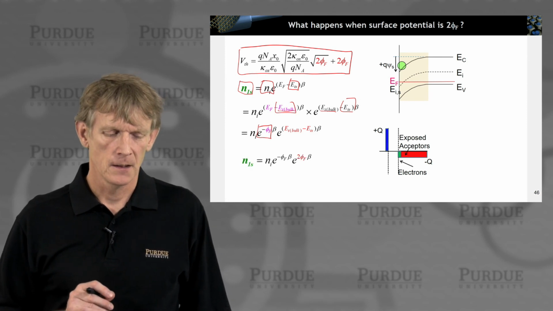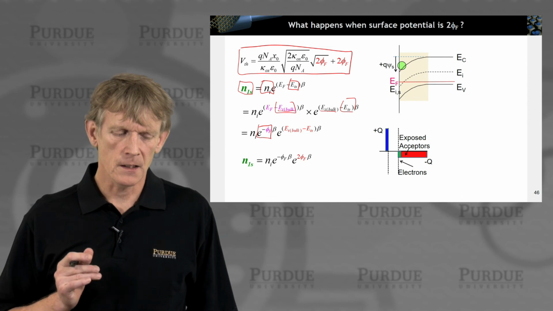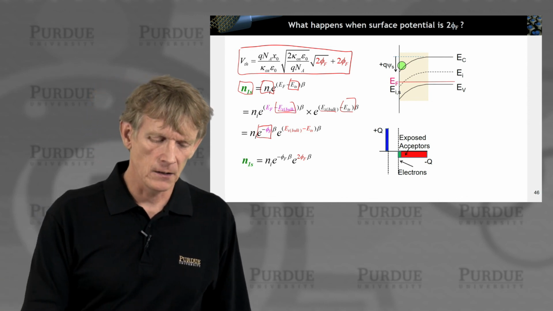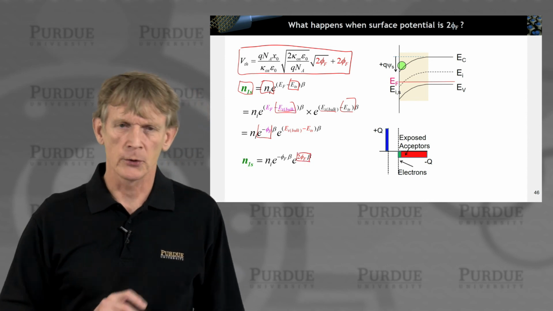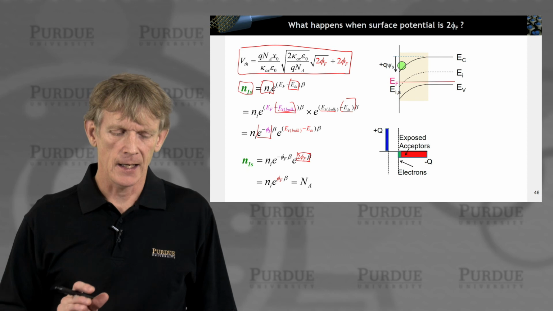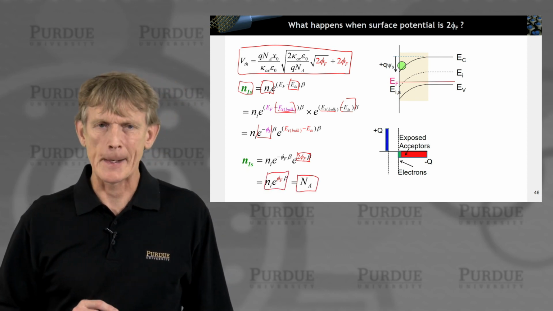So now I can represent the electron density at a surface potential of 2 phi f. And that happens to be exactly the acceptor doping.